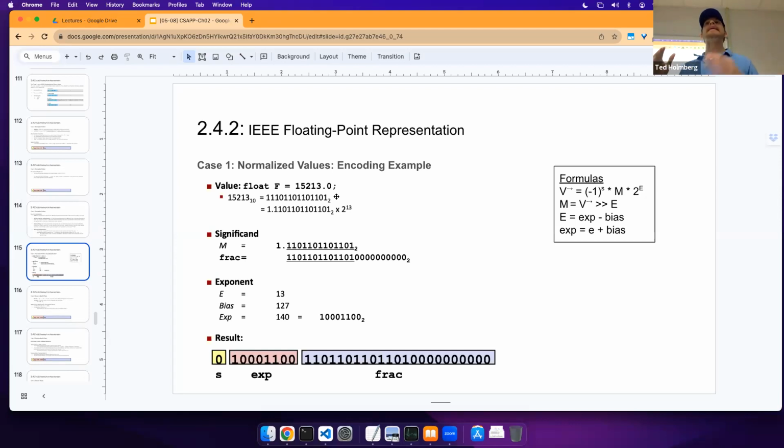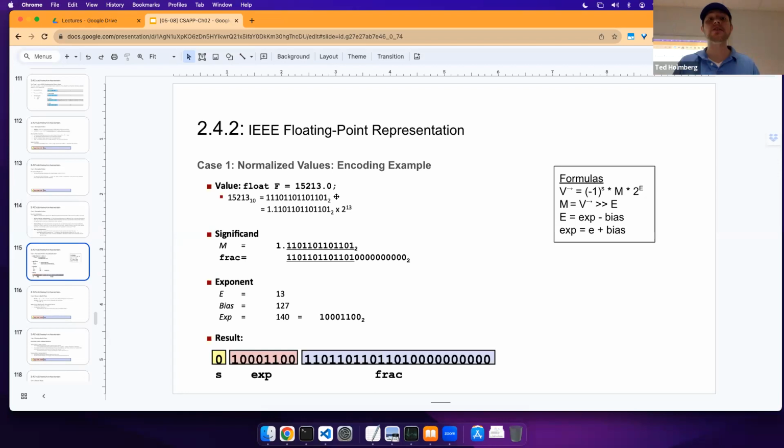So I count how many places I have to shift in order to get my floating point number. I only have one bit to the left of the point. If I count that up, it's going to be 13.